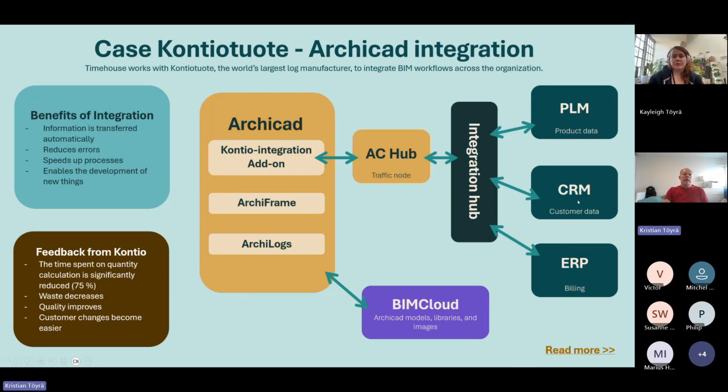There is customer data, there is product data, and billing here. They have integrated those systems to work together with their own integration hub. And this yellow stuff is what we created, Timehouse.